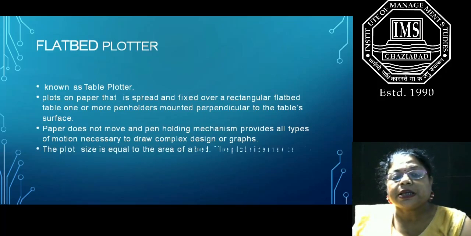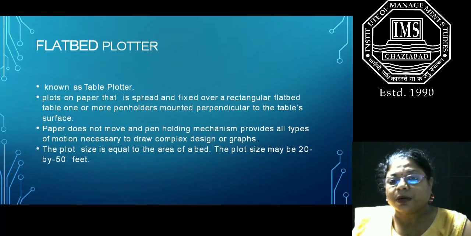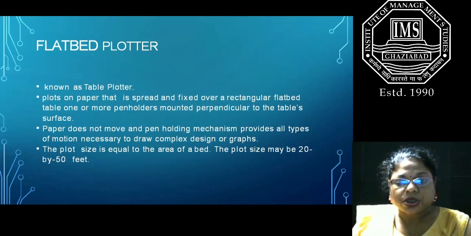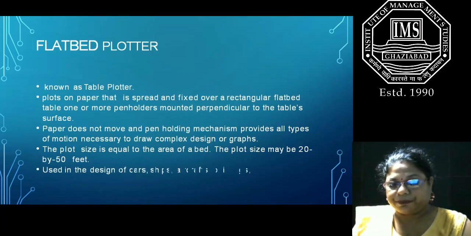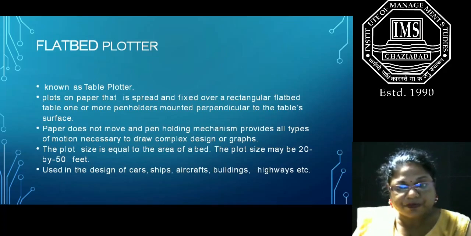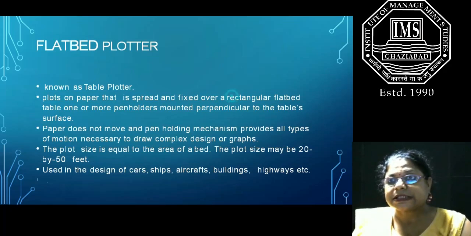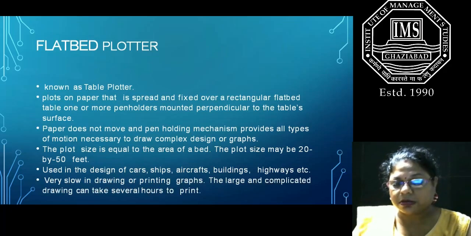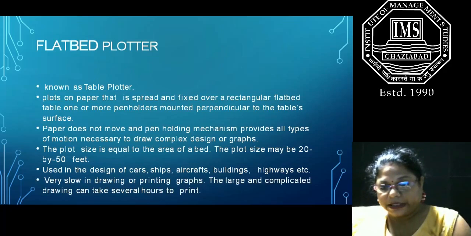Usually the plot size is equal to the area of a bed, and it may vary up to 20 by 50 feet. It is used to design cars, ships, aircraft, buildings, highways, etc. But it is very slow in drawing or printing graphs.